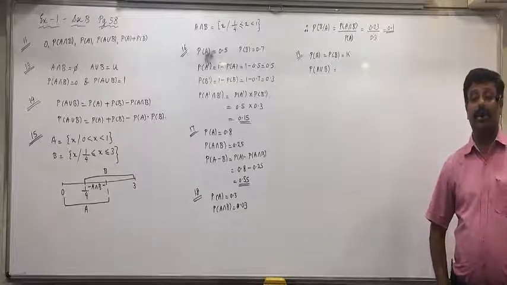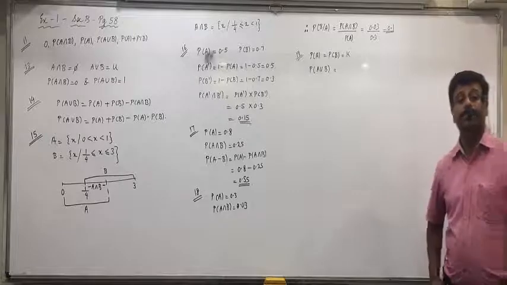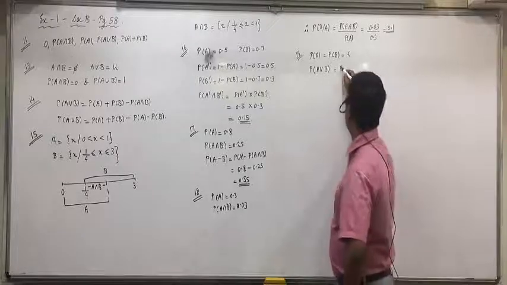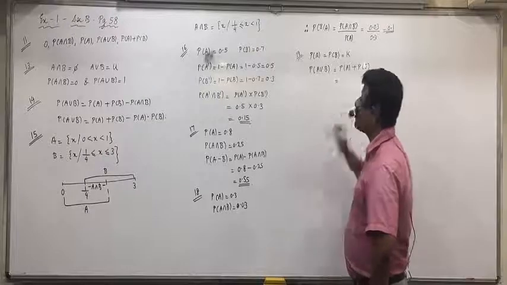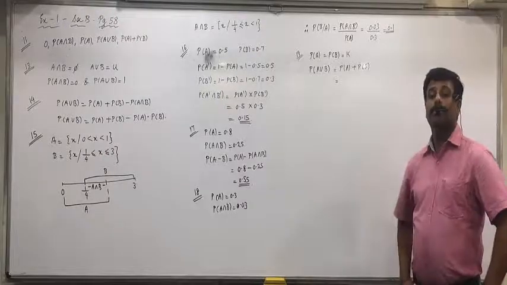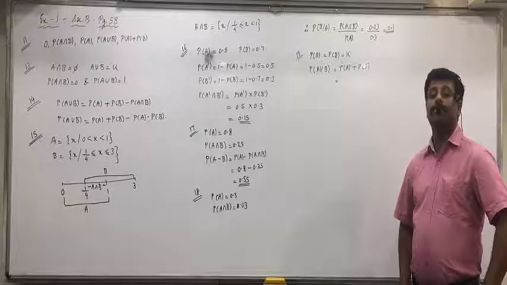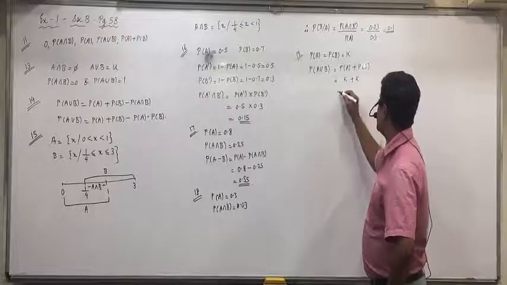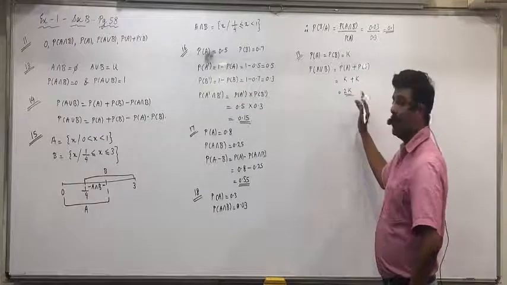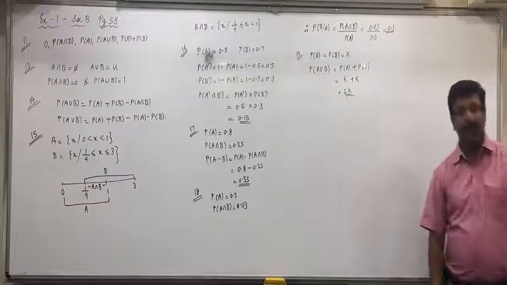Simply P(A) plus P(B). K plus K, 2K, that is your answer, that's it. Did you understand this, everyone?